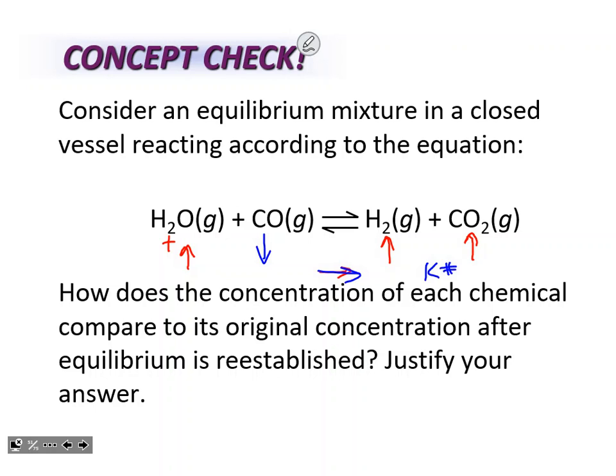The products and the reactants concentrations are not going to be the same as they were before we disturbed it. But they are going to keep going back and forth till they get to that same ratio of the products over the reactants. So they won't be the same exact numbers that they once were, but they will keep going until they get back to that ratio K value.